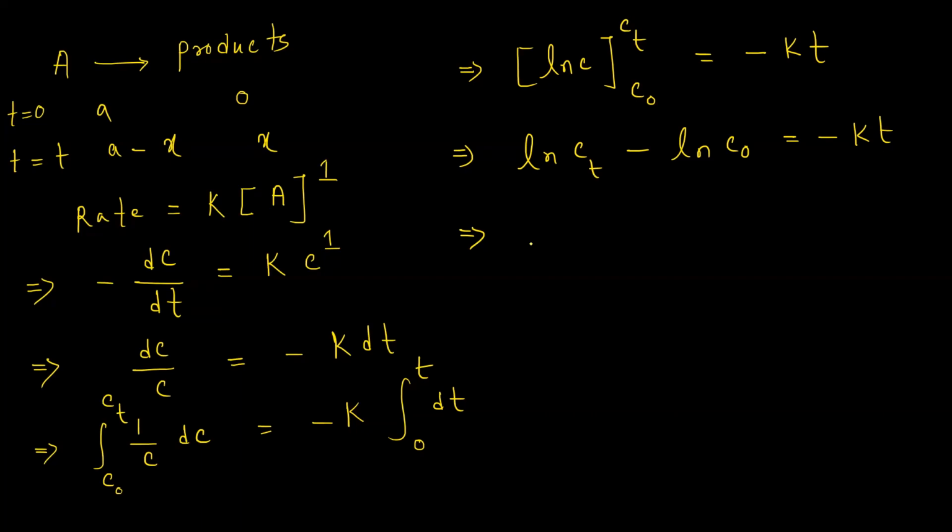We can write ln ct is equal to minus kt plus ln c naught.